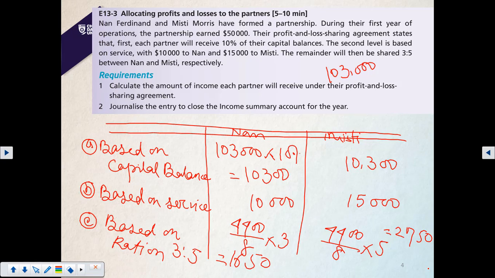How do you journalize the entry? Journalize the entry to close the income summary account for the year. Do you know how to do this closing entry? Do you still remember closing entry? You all did it in the assignment, right? I want to close the income summary.